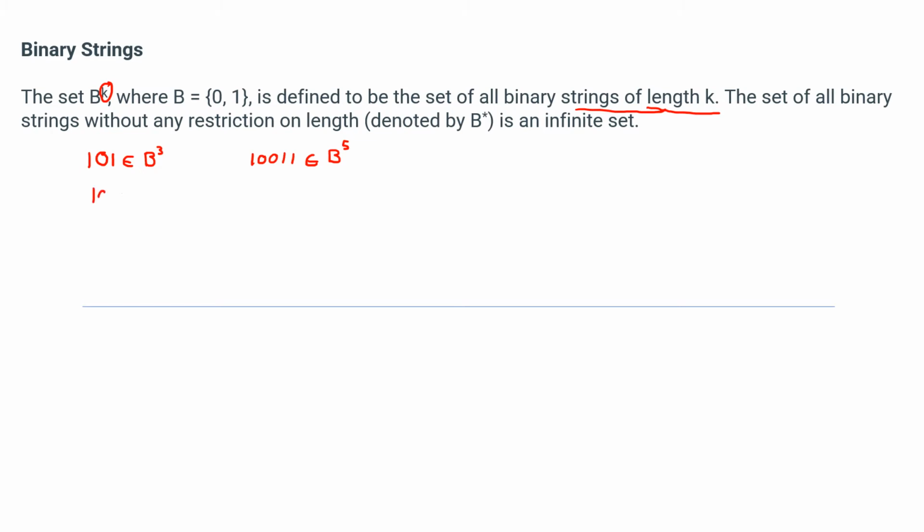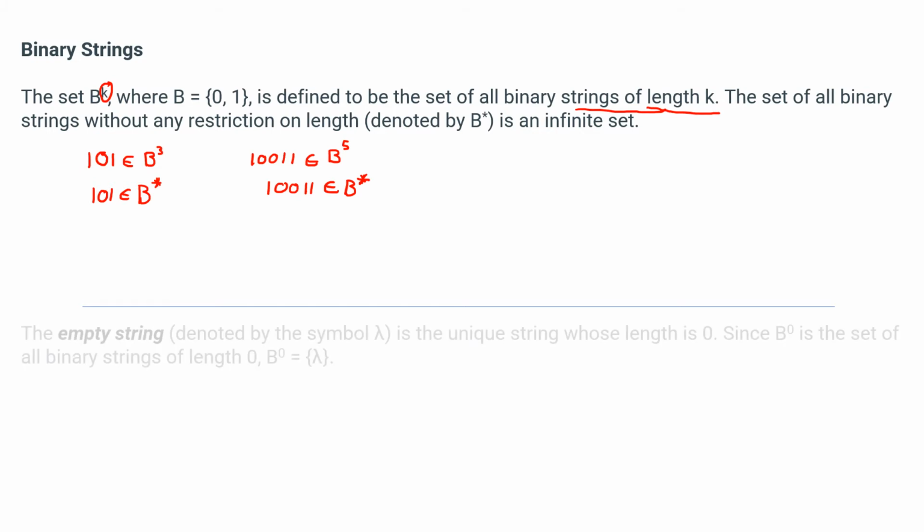So I could also say 101 is not only in B to the 3, it's in B star, because it's a binary string, and B star is made up of B's of all different lengths. And I could say 1, 0, 0, 1, 1 is also in B star. Okay, so that's all a binary string is.